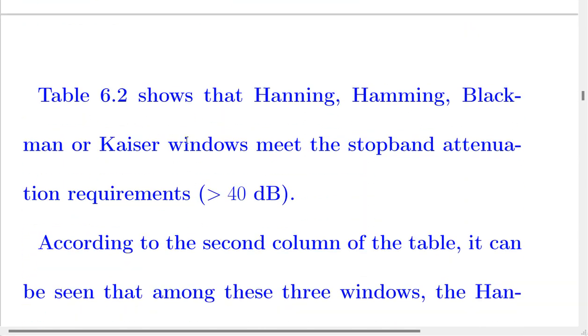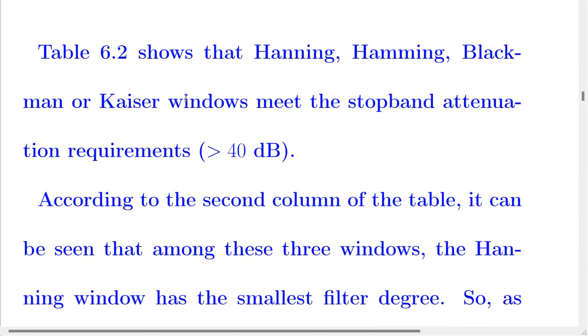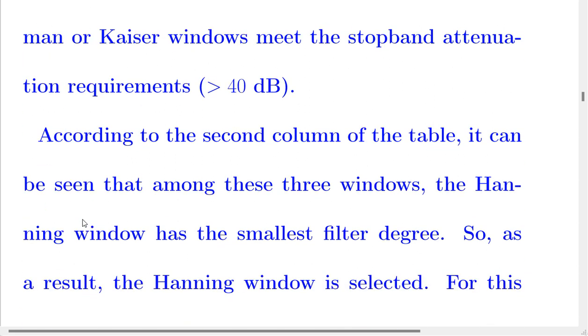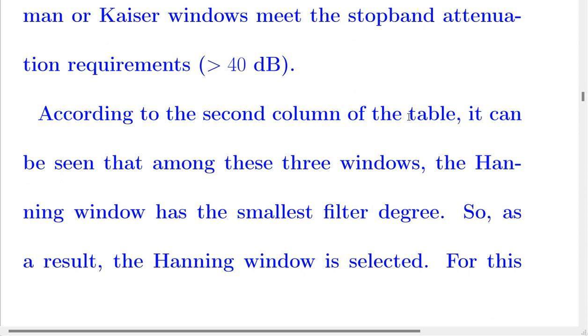The next table shows that Hanning, Blackman, or Kaiser windows meet the stop-band attenuation requirements, both greater than 40 dB. According to the second column of the table, it can be seen that among these three windows, the Hanning window has the smallest filter degree.